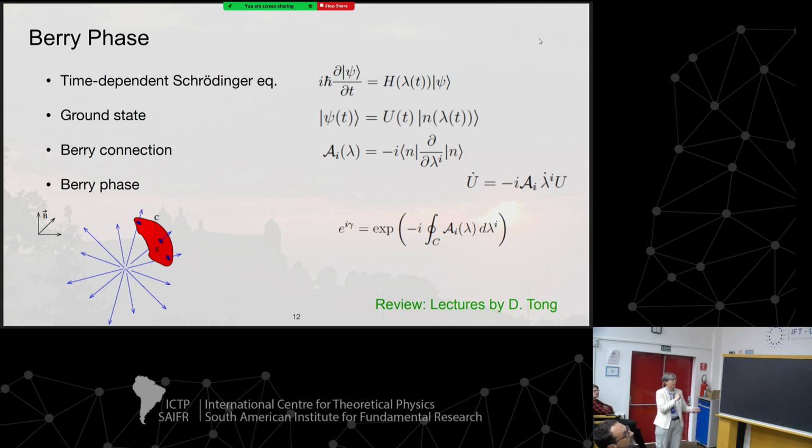One of the simplest things you can do is to consider one spin-1/2 particle in a magnetic field. If you take electrons and wrap them once around this magnetic field, then you get something like this. This picture is in the space spanned by the 3 components of the magnetic field. And that will then give rise to your Berry phase.